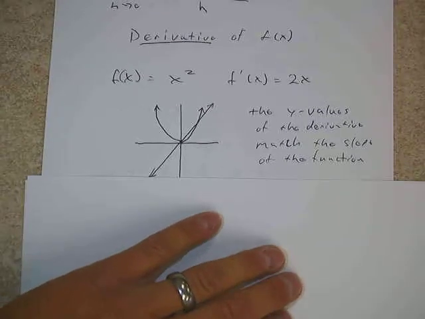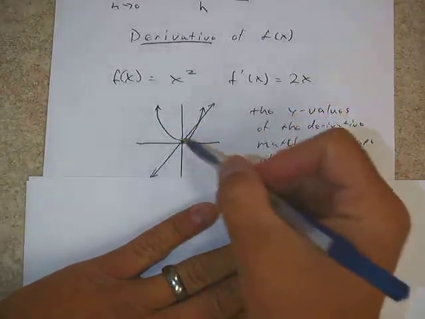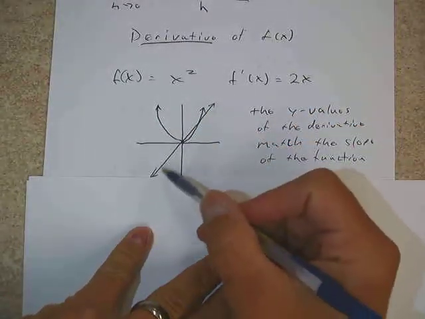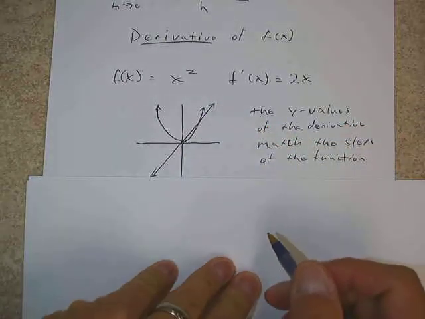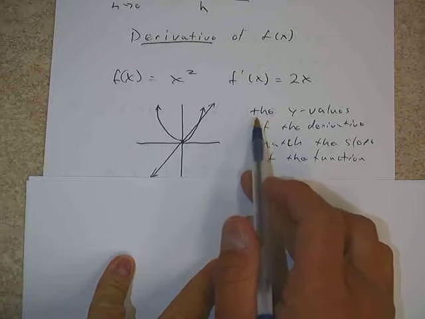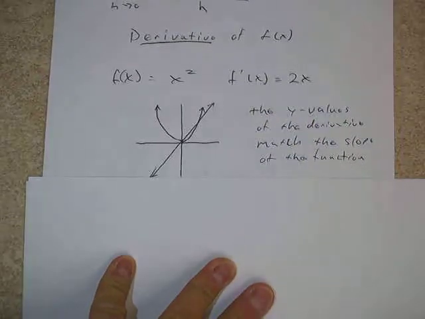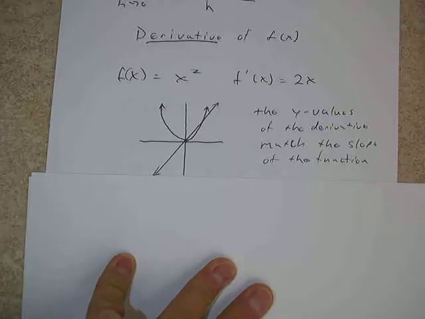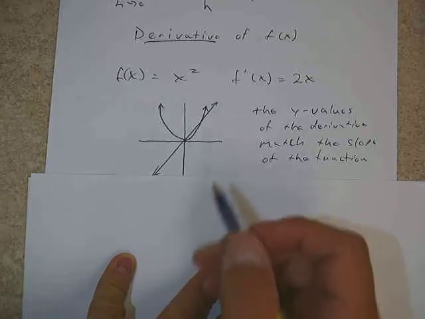Why this works. We've talked about this a little bit already, but when I look at the graph of y equals x squared, and I also graph the derivative on the same coordinate plane, what we should notice is that the y values of the derivative match the slopes of the function.